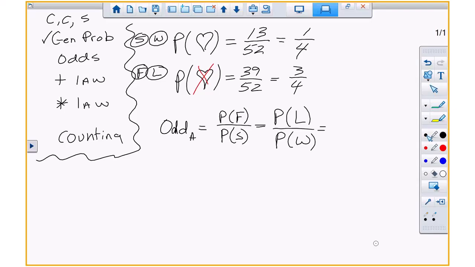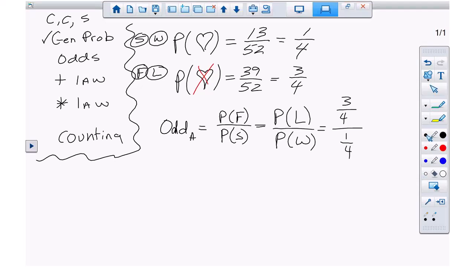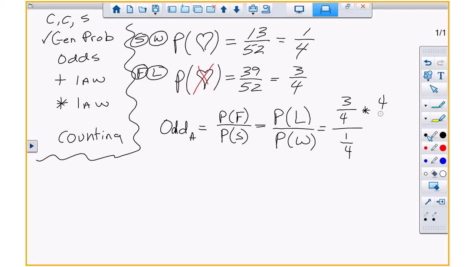So what's the probability of losing? 3 over 4. Remember, in the videos, I told you to use fractions. Over what's the probability of winning? 1 over 4. And what do you do when you divide by a fraction? You multiply by the reciprocal. And what happens to the 4s?